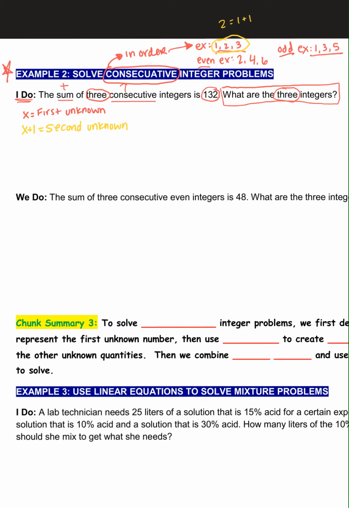And then for my last number, I know that 3 is equal to 1 plus 2. So my third unknown is going to be x plus 2.